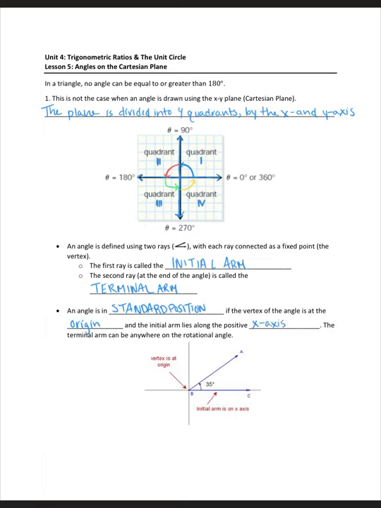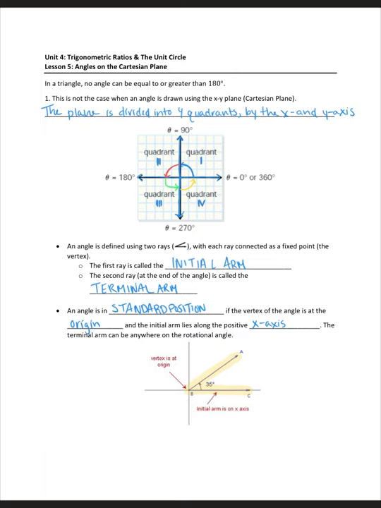The terminal arm can be anywhere on the rotational angle. So let's look at this. Our initial arm can be seen if we look at this angle here. Here's my initial arm. So that's the ray of the angle that lies on our x-axis. All right. Our terminal arm is our second ray. So those 2 rays form our angle in between them.